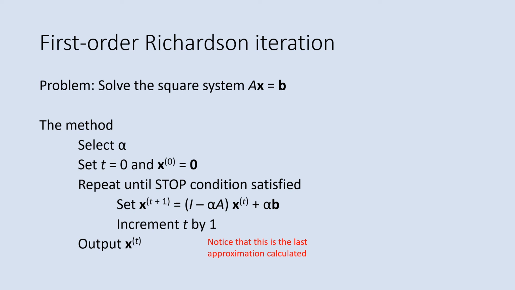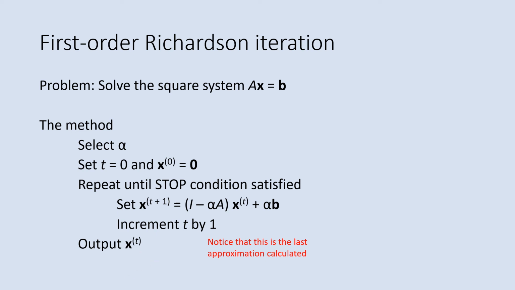Now, in this case, we had looked at t plus 1 before, but then we increment t, and so the value is whichever was the last one. So we are outputting the last approximation that we calculated.